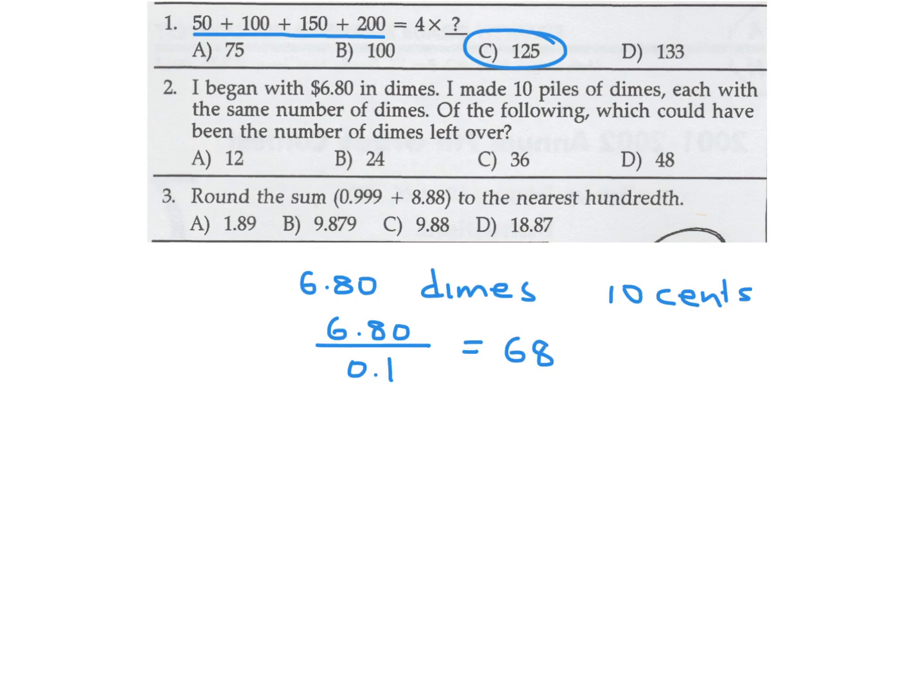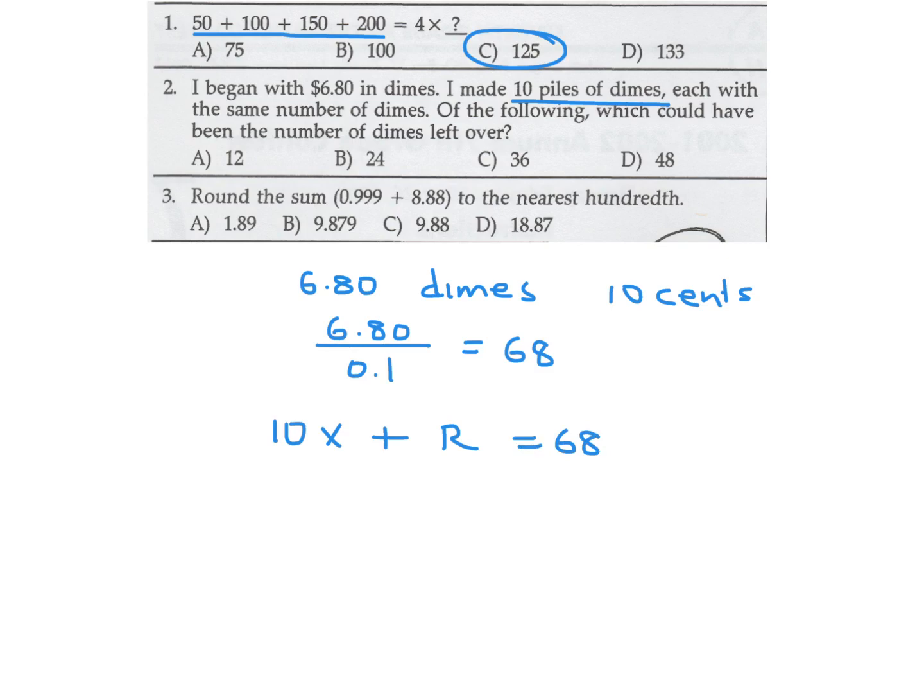So we have 68 dimes, basically. So if we have 10 piles, and each pile, I don't know how many is in each pile, so I'll just call it X. And then you're going to have some remainder, and that's going to equal 68, basically. That's the math. So I guess that's how you figure it out.